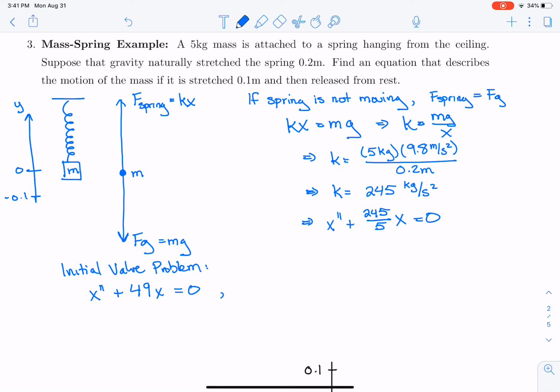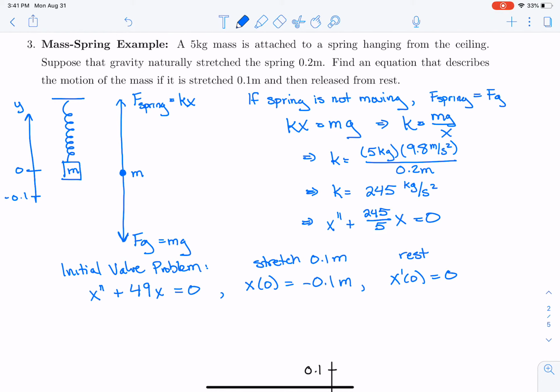So that means x of 0 is going to be negative 0.1 meters. And then I'm going to release it from rest, which means there's no initial velocity. So x prime of 0 is equal to 0. So here, this is releasing from rest, and this is stretching 0.1 meters.